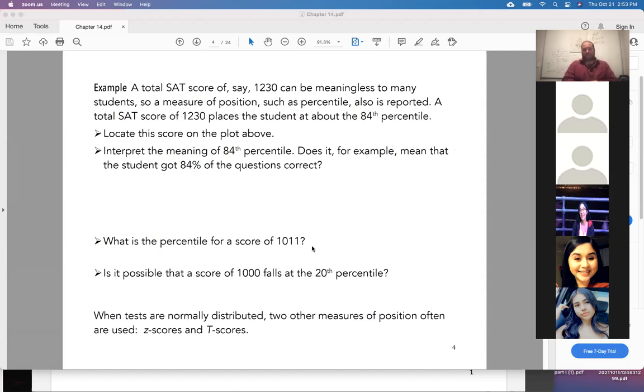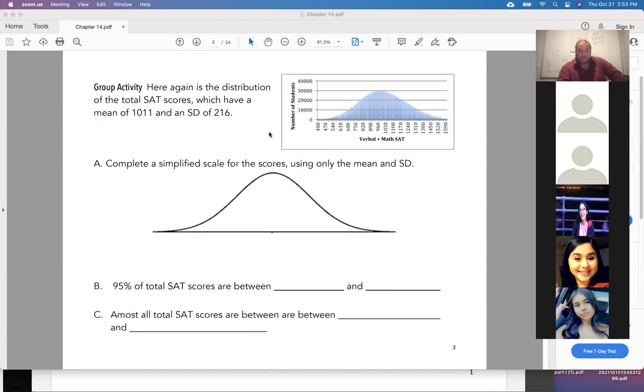But first it says locate this score on the plot above. So let's go back to this plot. Let's locate 1230. It's about right here. Does it seem reasonable as a guesstimate to say that if you scored a 1230, then you're better than 84% of the population? Would that be ballpark what you would guess based upon that plot?